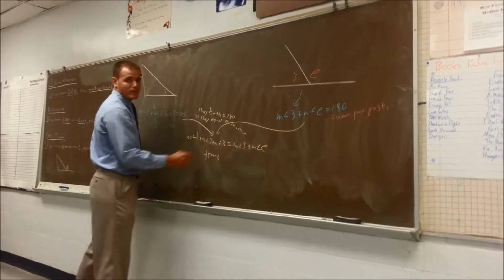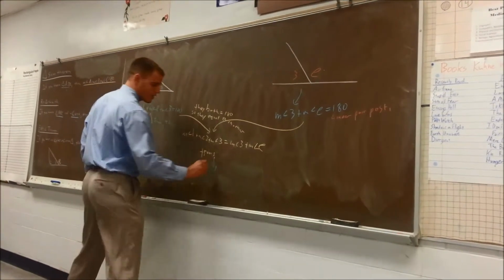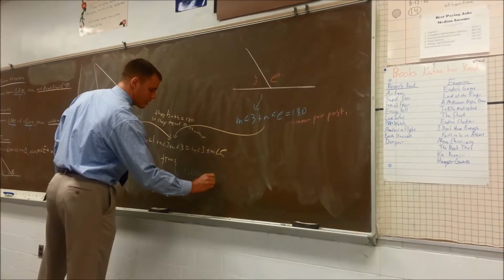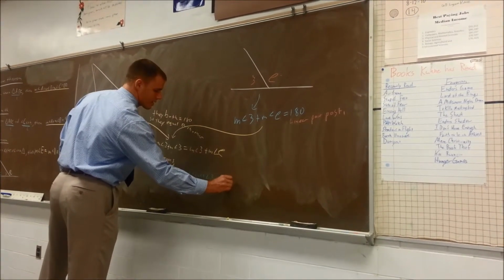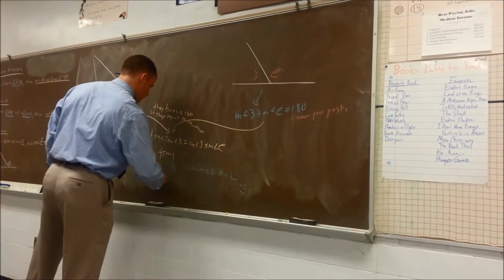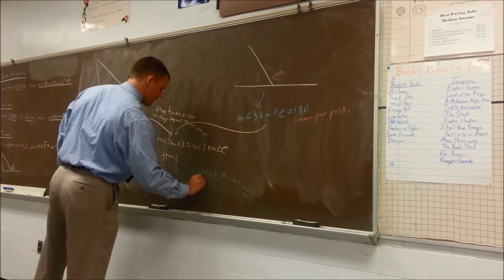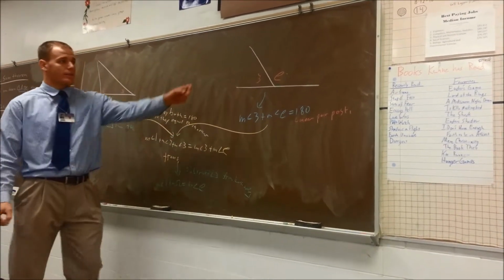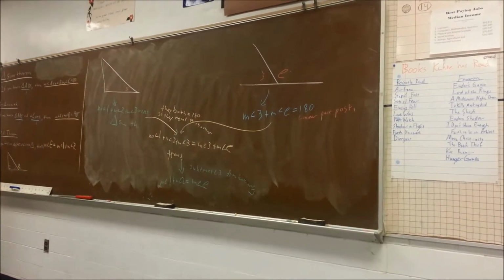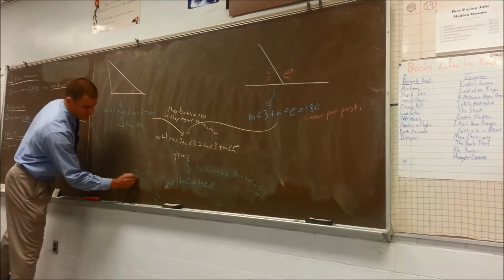We have 3 on both sides. All we've got to do is subtract it. So subtract angle 3 from both sides. The measure of angle 1 plus the measure of angle 2 equals the measure of angle E. This angle right here is the same as this plus this. That's what we're trying to get to. We've put a QED at the bottom.